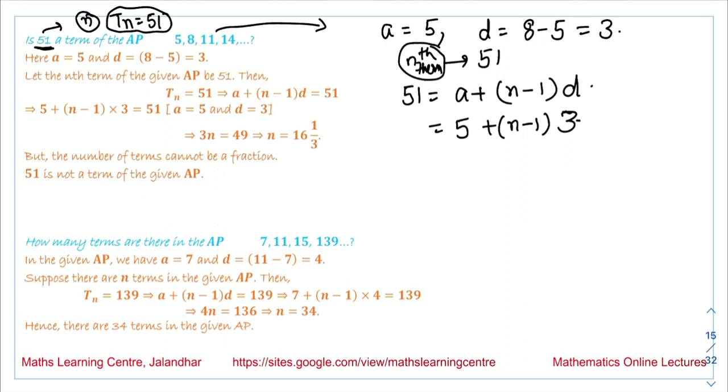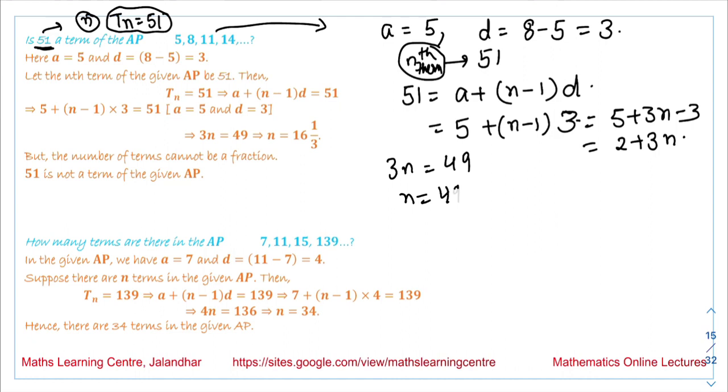So if we solve this equation, it is 5 plus 3n minus 3, so it is 2 plus 3n. So we get 3n is equal to 49, n is equal to 49 by 3. And this is not possible because the value of n should be a natural number.